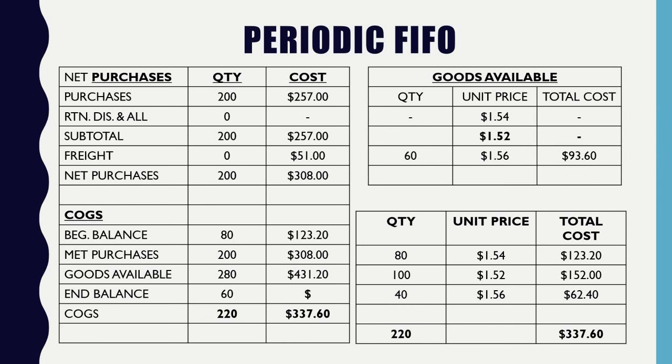And again, your ending balance can stem either from your goods available by taking your 341.20 minus 337.60 to get your total of $93.60, or you could simply take your 60 ending balance remaining and times it by the $1.56. Okay. All right.